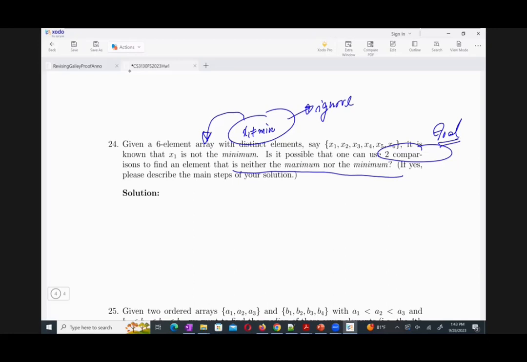So after hints for these 2, probably the hardest questions in this assignment, hopefully you can try to find some ideas.